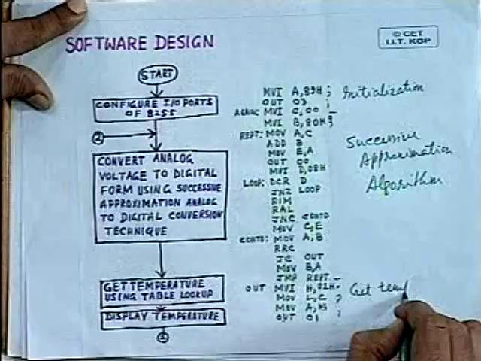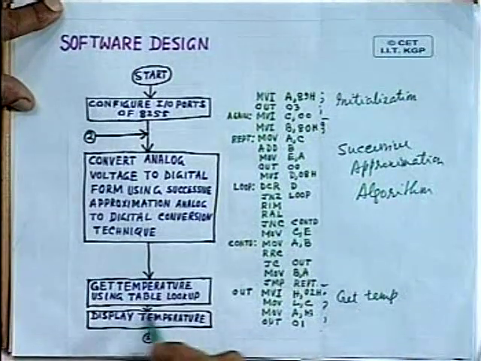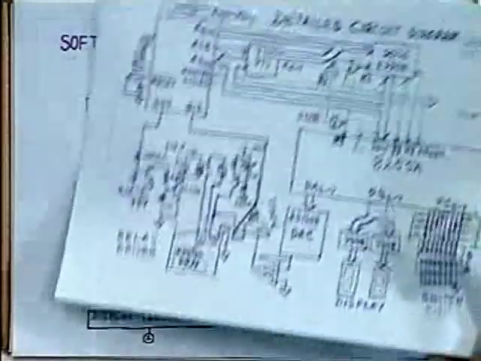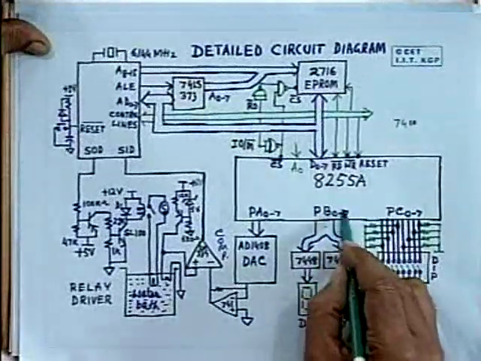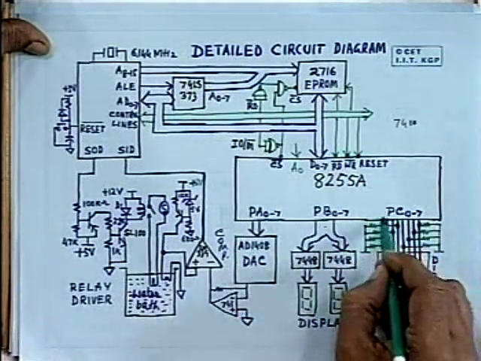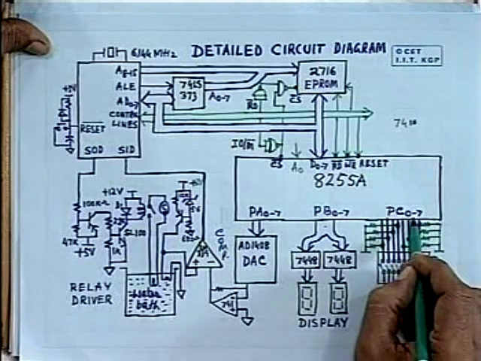So this part of the program gets the temperature. Here you get the temperature, and then after you get the temperature, it is displayed. To display it you have to output the digital data to port B, and port B address is 02.